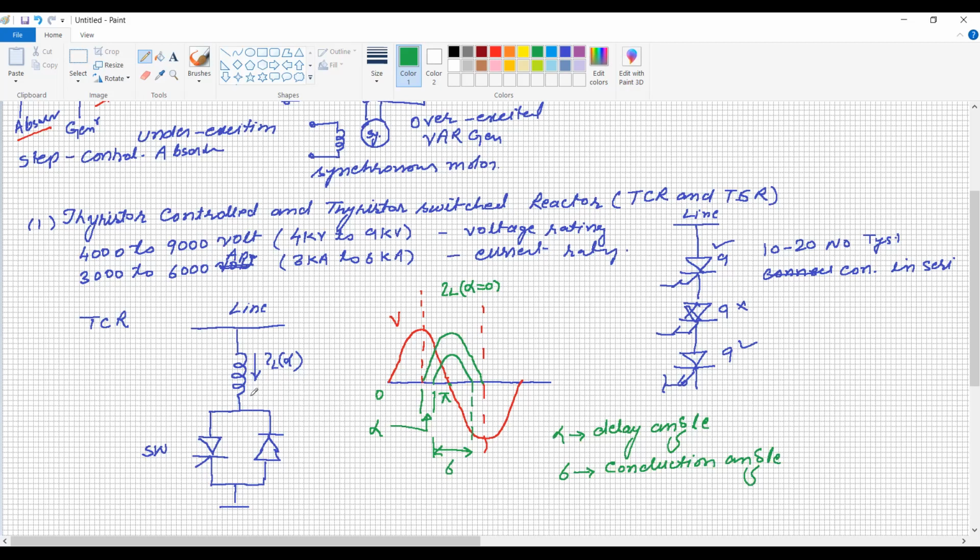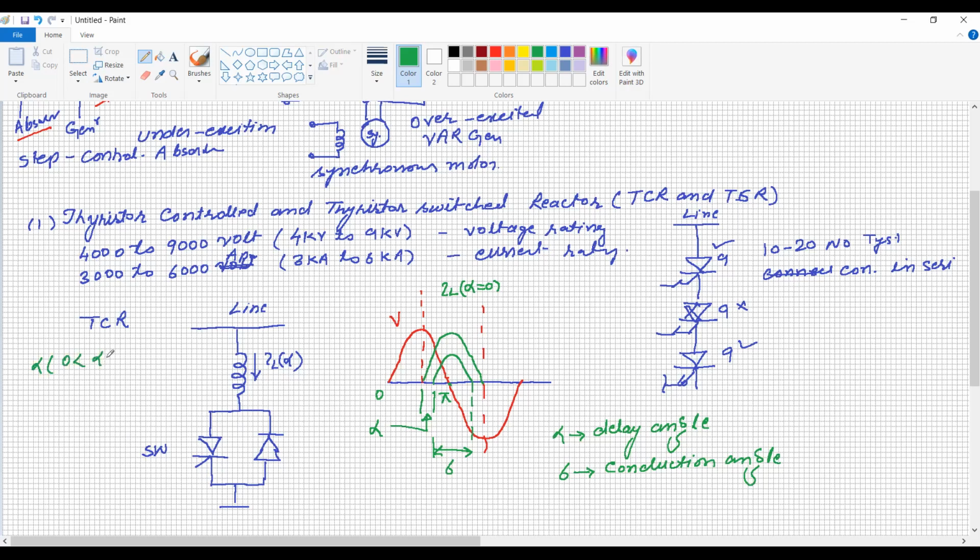So it is going to absorb reactive current or reactive power from the circuit. So what would be the switching angle? Basically alpha, the delay angle, is possible to vary from 0 to pi by 2.